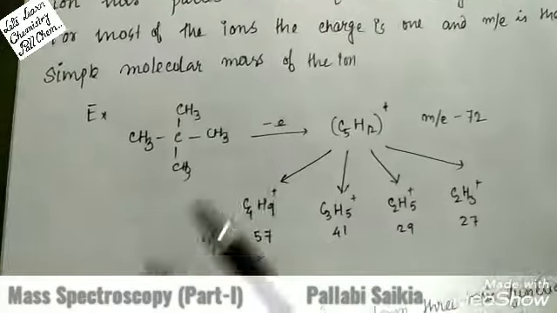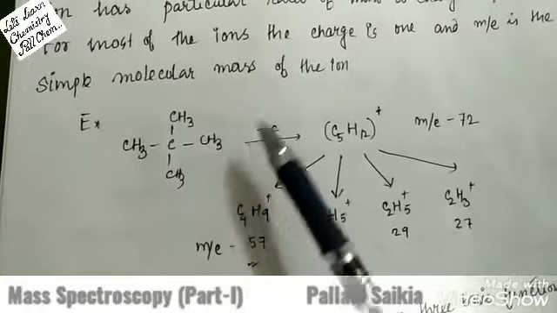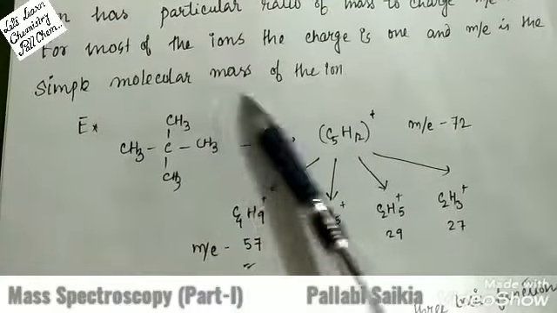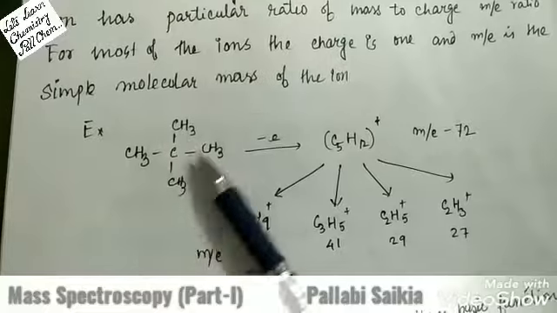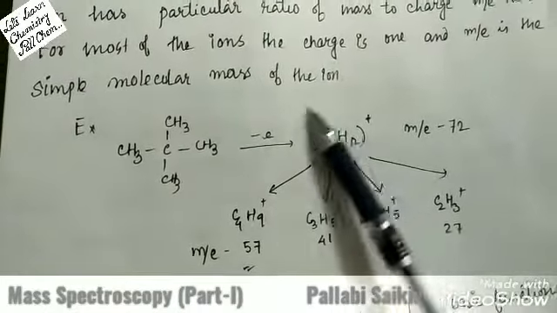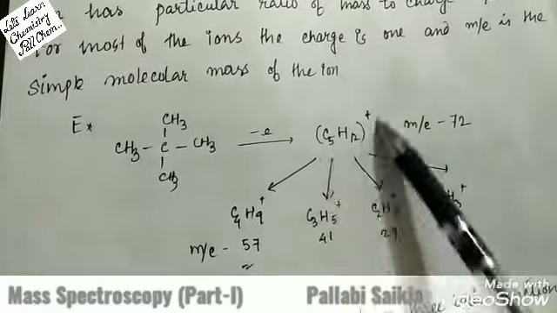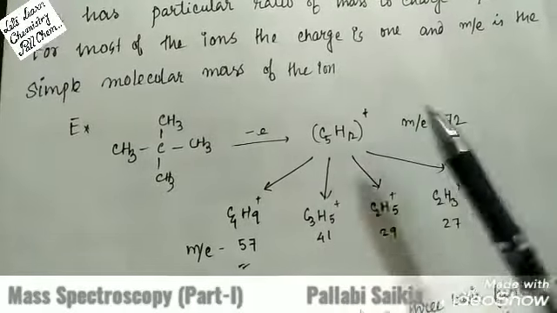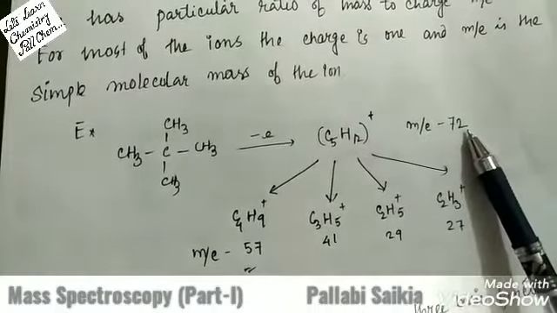For example, in this molecule, when it is bombarded with a high energetic electron beam, it will lose an electron and give this ion. That ion is the molecular ion, which has the mass m/z equal to 72.